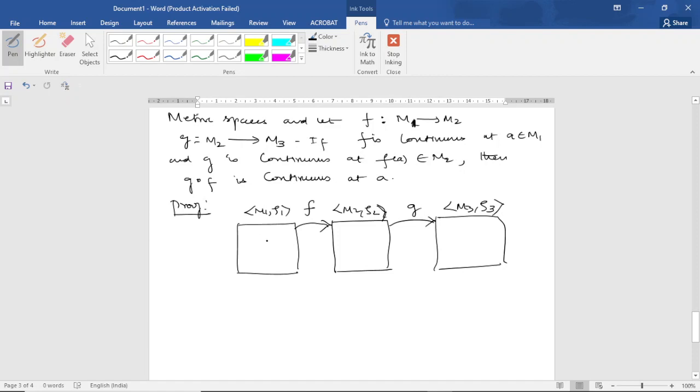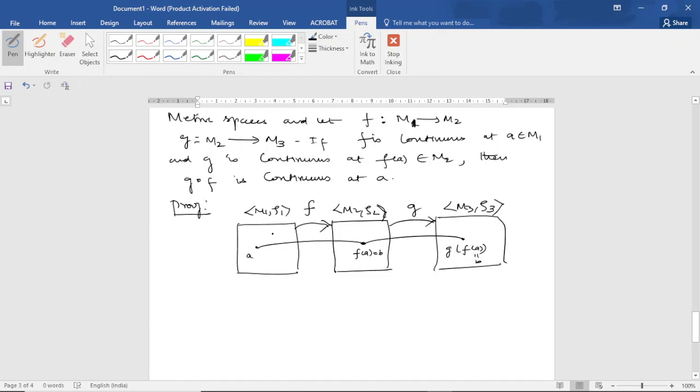Now, suppose this is a point a in M1, and f of a is in M2, and from here it is mapped to g of f of a. Okay, so I name this as b, then it becomes g of b.